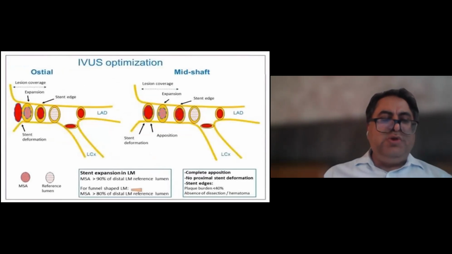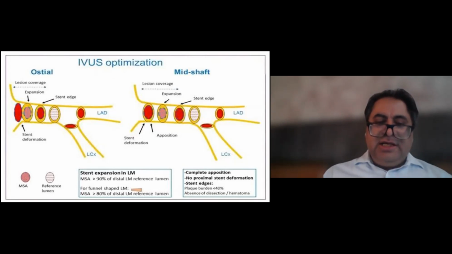when used, we can see the stent deformation, the expansion of the stent, and where the stent edge is placed. In the mid shaft also, we can know how the stent is expanded, or how the apposition of the stent is.